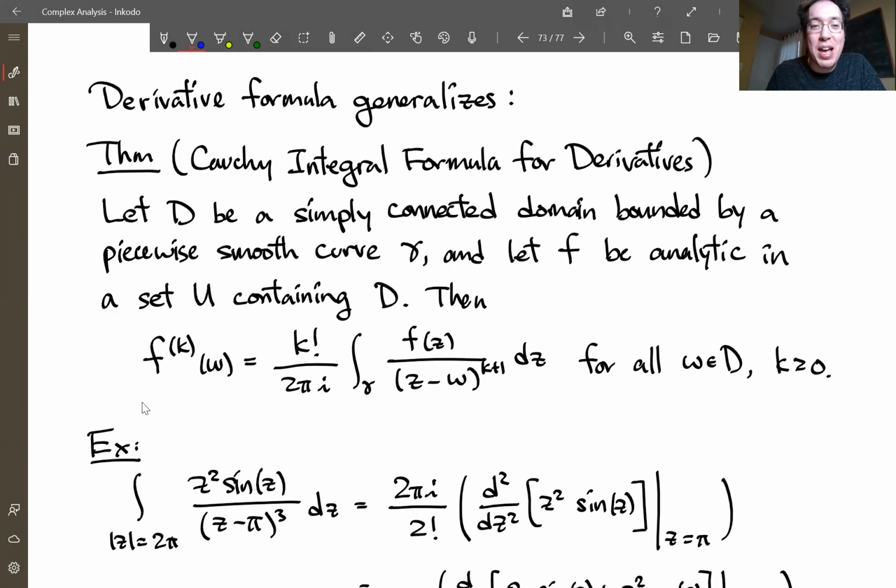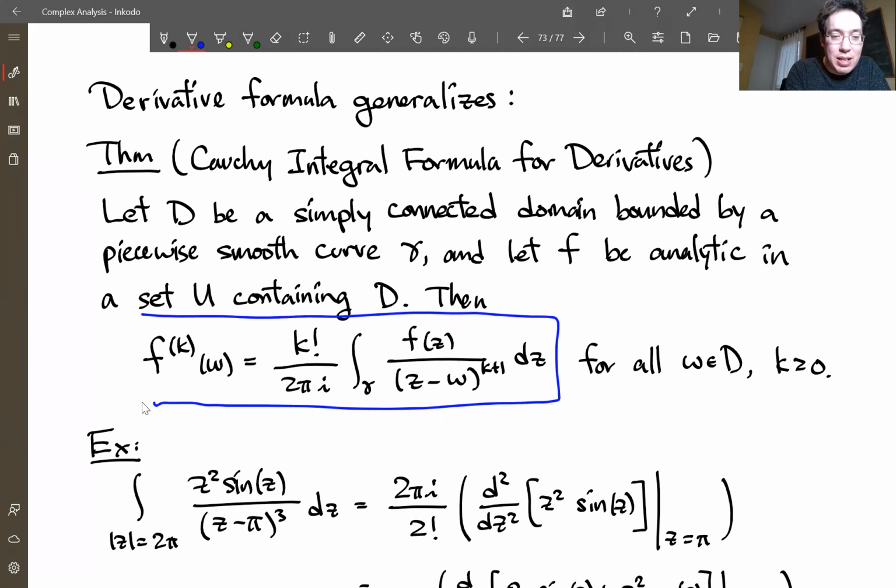So, okay, let's say you have a simply connected domain D bounded by a piecewise smooth curve gamma, and f is analytic on some set that's bigger than the boundary. Then we get this formula. So not only is this true for analytic functions, you could actually compute any derivative of the function by using Cauchy integral formula.